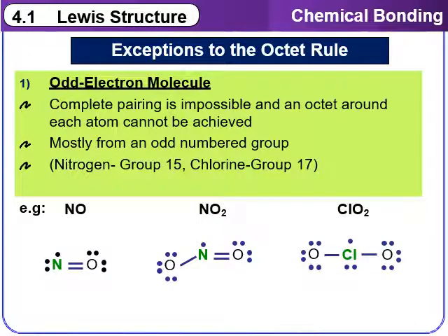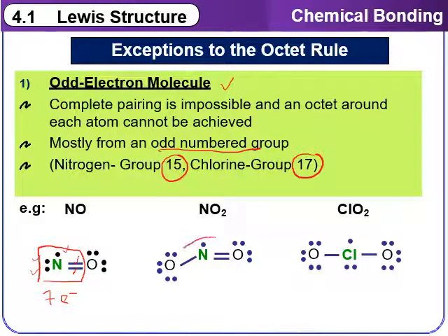Now we look at examples of central atoms that can show odd electron molecules. Mostly they are from odd number groups, which are group 15 and group 17. Here the central atom is nitrogen, with 2, 4, 5, 6, 7, surrounded by 7 electrons.